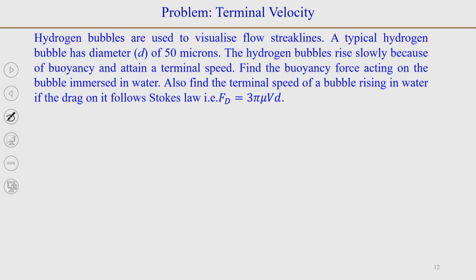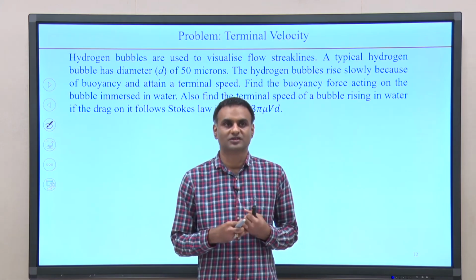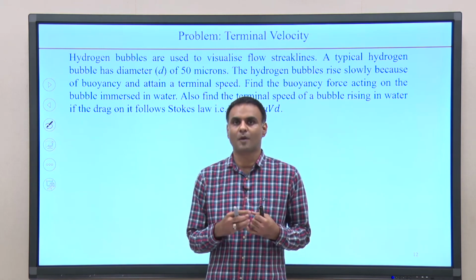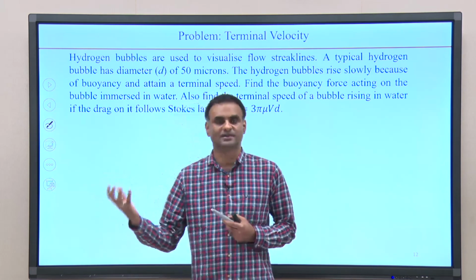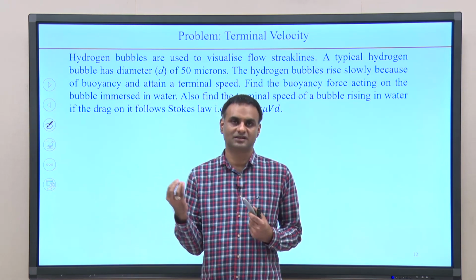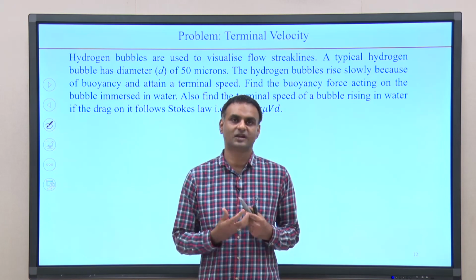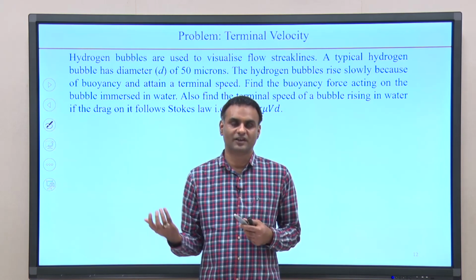When we need to measure velocity, one of the common techniques is to introduce tracers in the fluid, and these tracers should be such that they can follow the fluid faithfully.